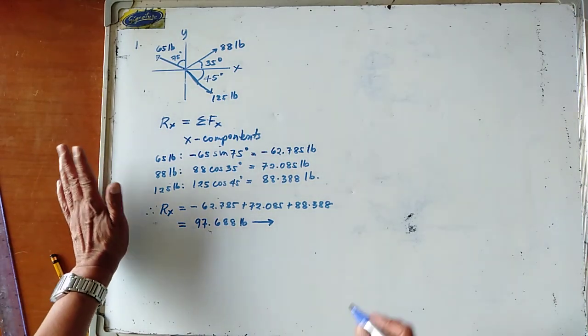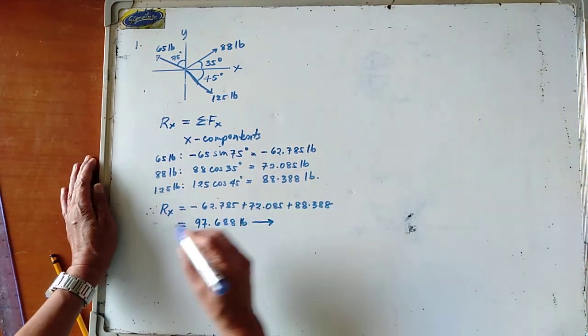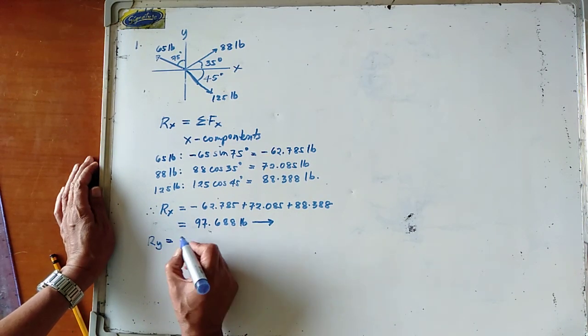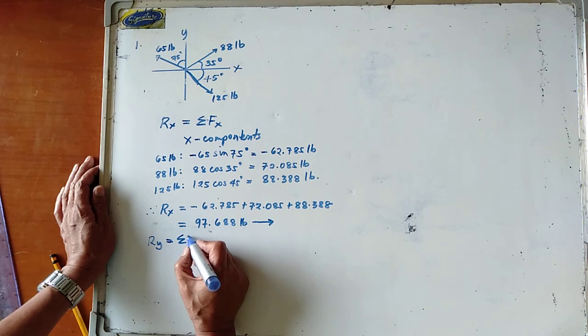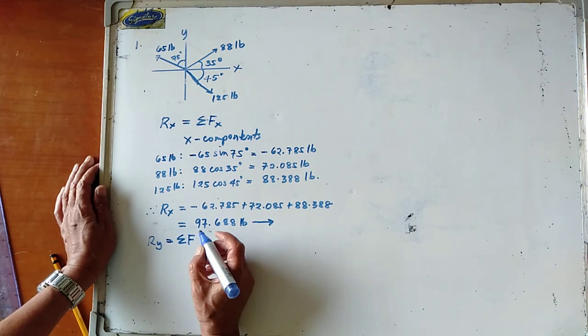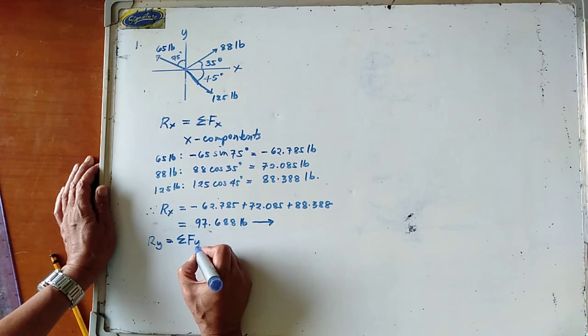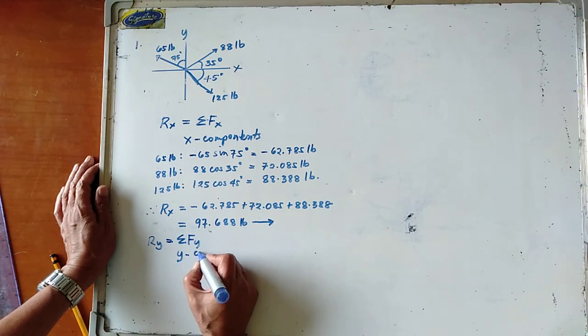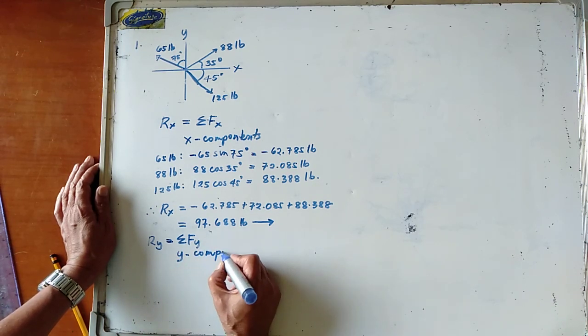Now, similarly, your Ry is equal to the summation of forces along the y-axis. So we have the y components of the three forces.